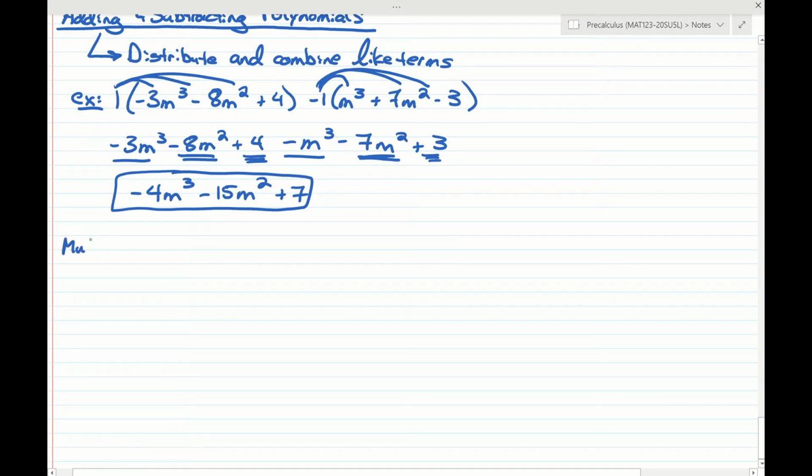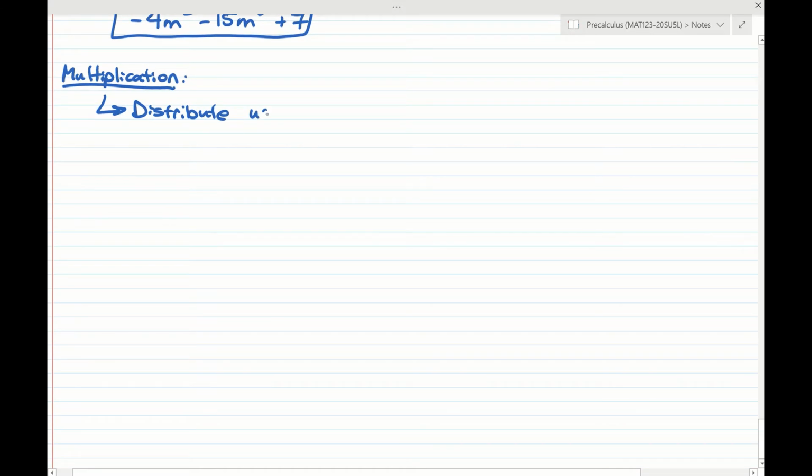Next is called multiplication. So how we multiply polynomials. We are just going to distribute using our properties of exponents.